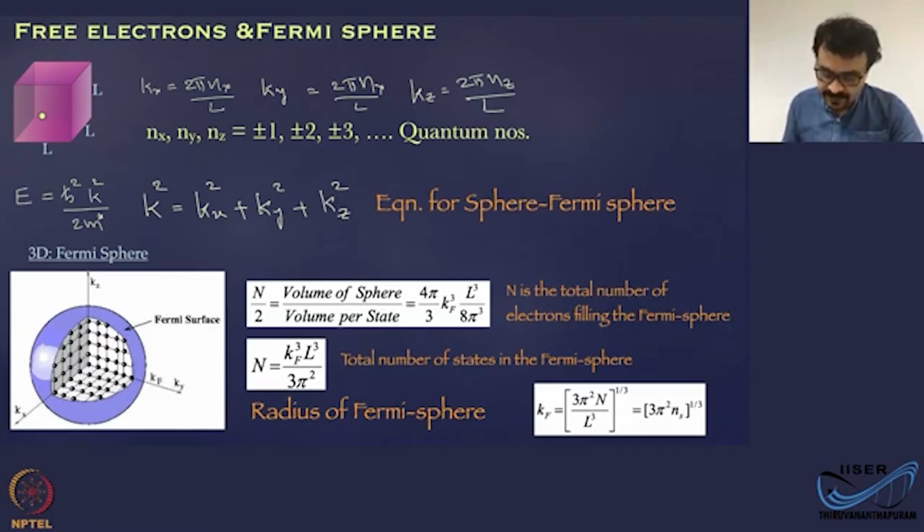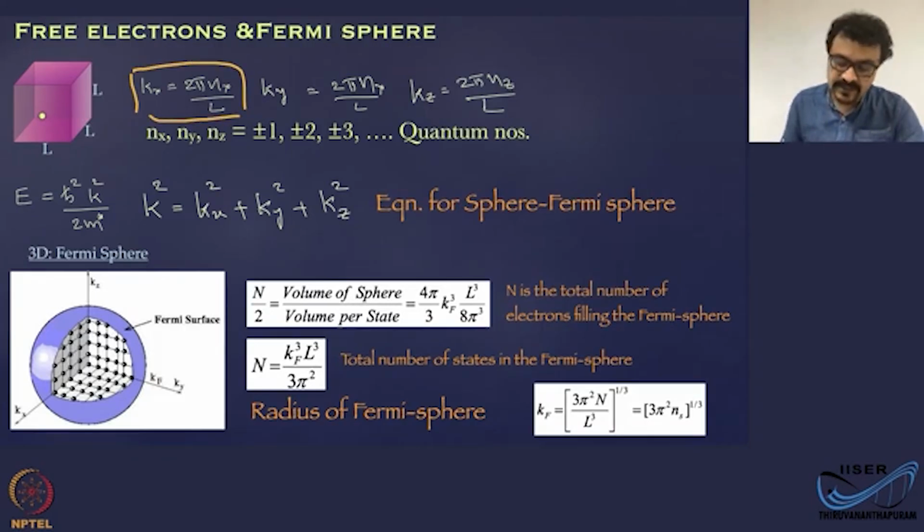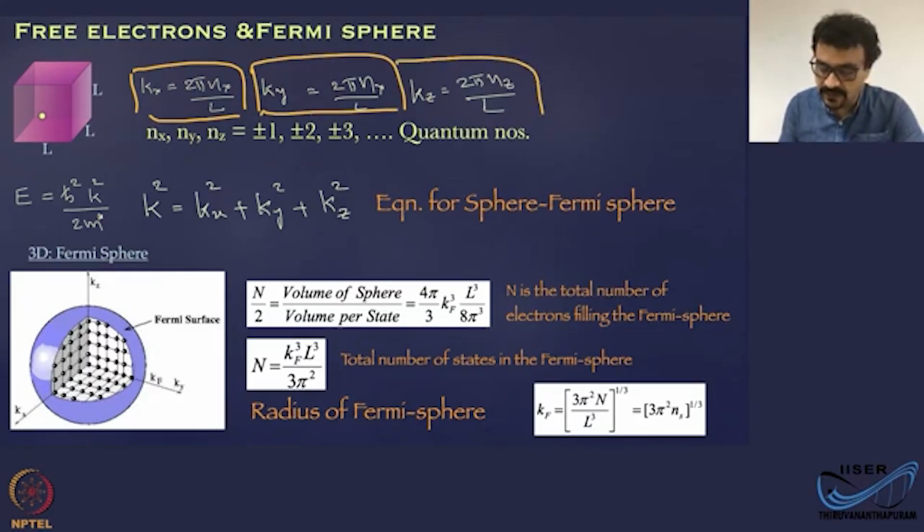We know that the wave vectors for a particle in a three-dimensional box, as shown here, are given by kx is 2 pi nx by L, and similarly for ky and also for kz.